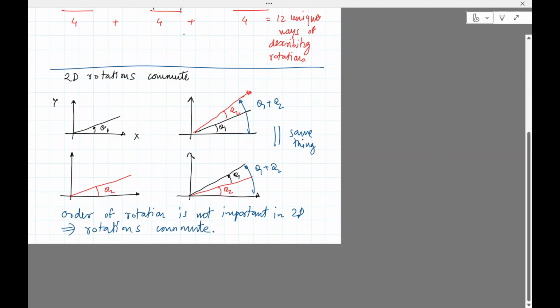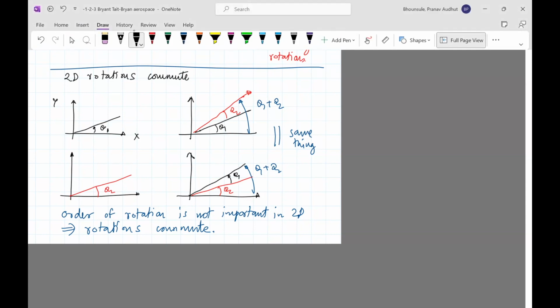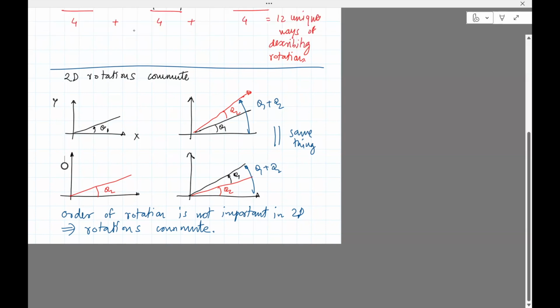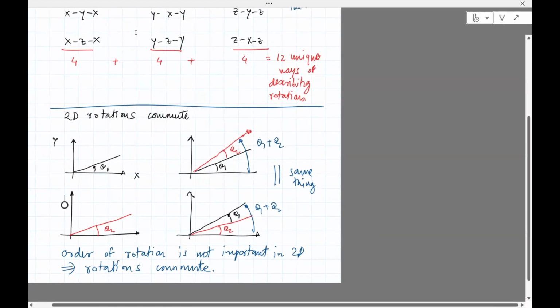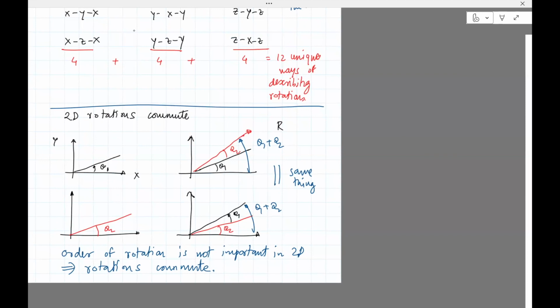So rotations do commute in 2D, but they do not commute in 3D. And I'll actually prove it to you. Typically, if you want to do a rotation R, the net rotation is R. First you do θ1, then you do θ2. And in this case, you do θ2, then you do θ1.